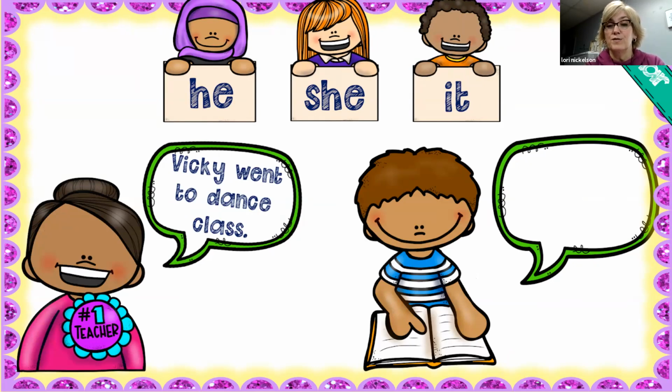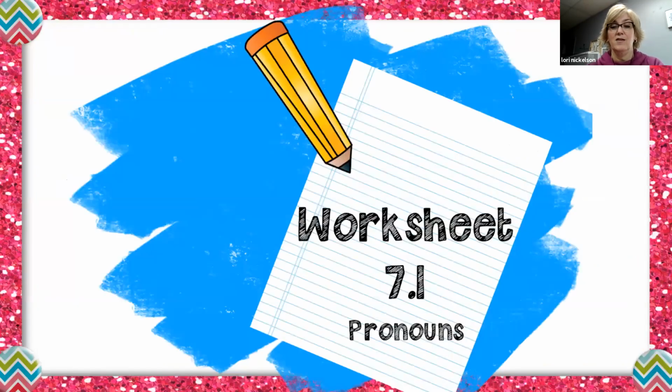What pronoun would you use there? Could you use it in a sentence there talking about Vicky? Write it on your whiteboard. So what did you come up with? Oh, I bet it's a great sentence. All right, so let's look at worksheet 7.1.